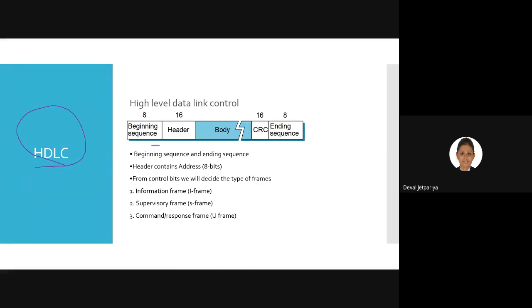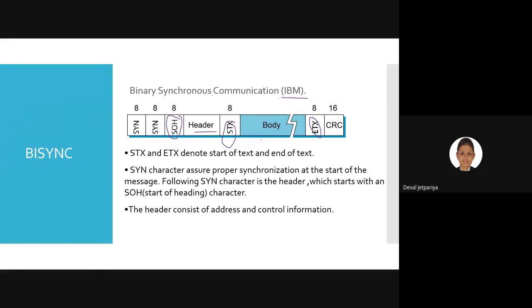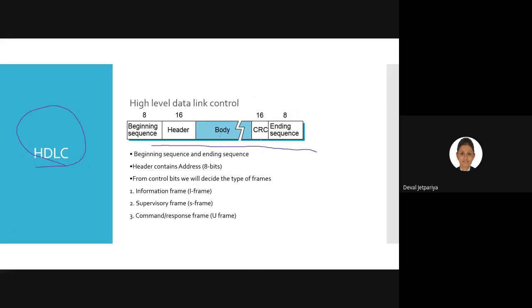This is the format for this particular protocol: beginning sequence, then header, body part, CRC, which is just to check for errors, the checksum, and after that the ending sequence. In-depth questions will not be asked from this, so you can take a note of it. Fine. So any query up to this?